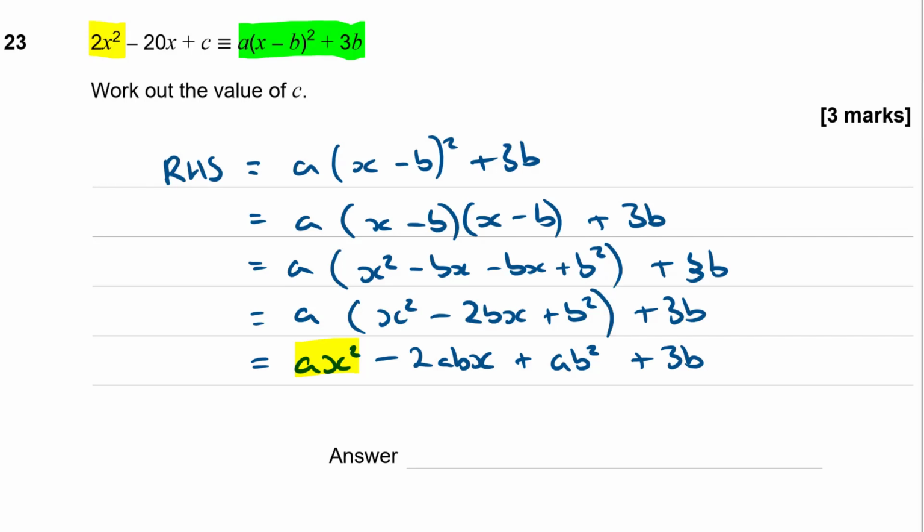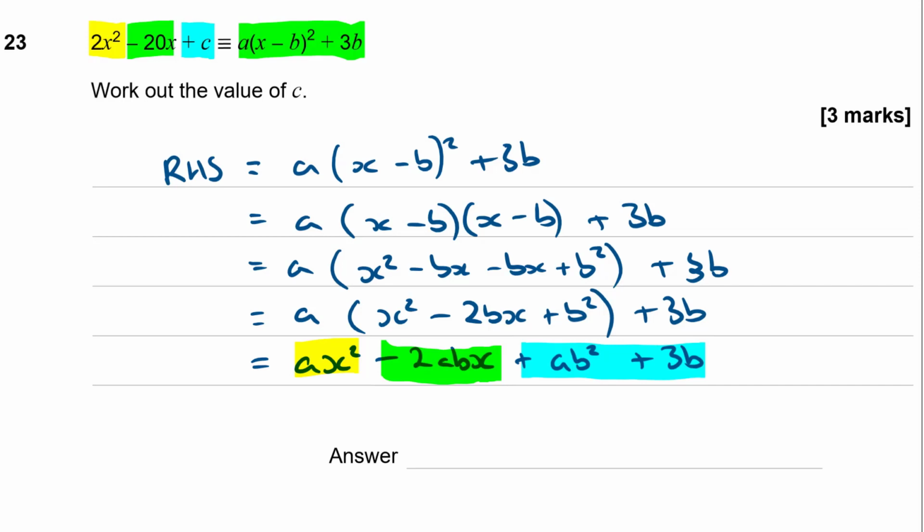I've also got something to do with x. I've got minus 2abx, and that's got to be equivalent to that minus 20x there. And I've got some constants on the end, which must match up with my constant on the end of that.